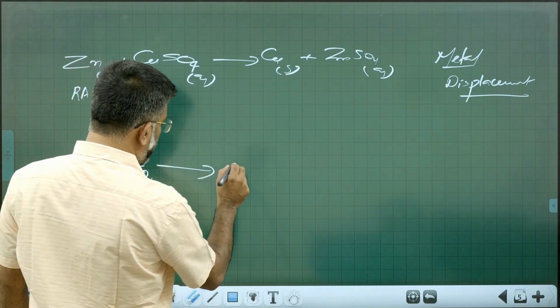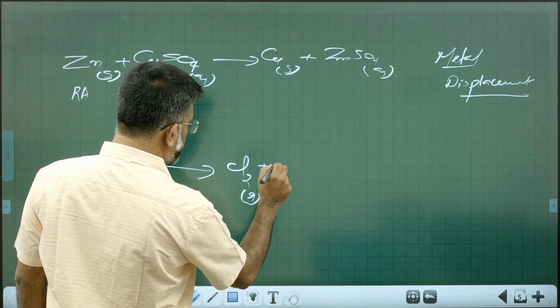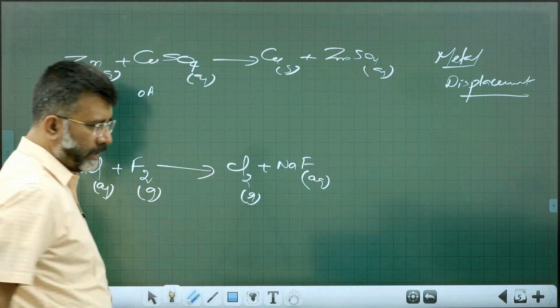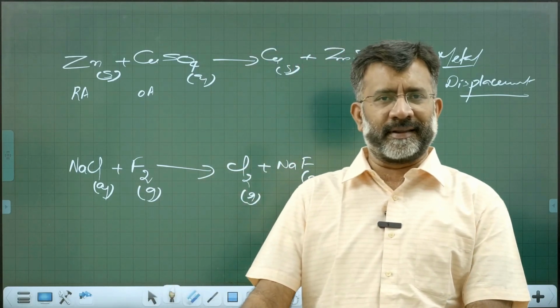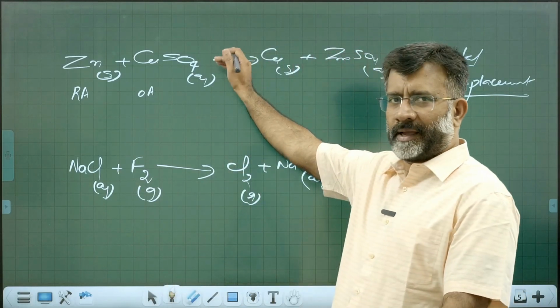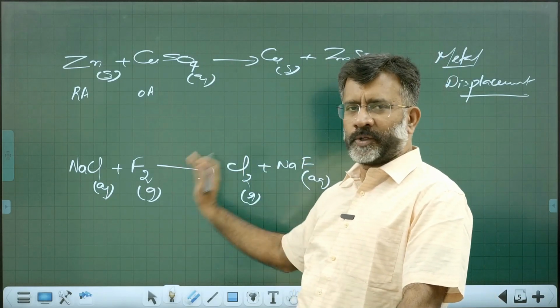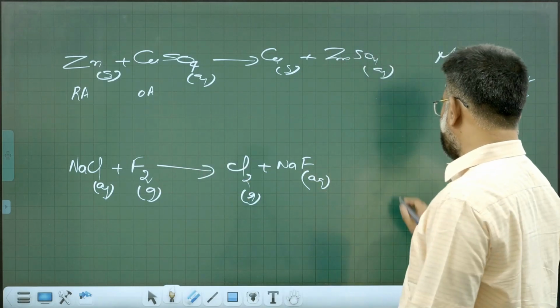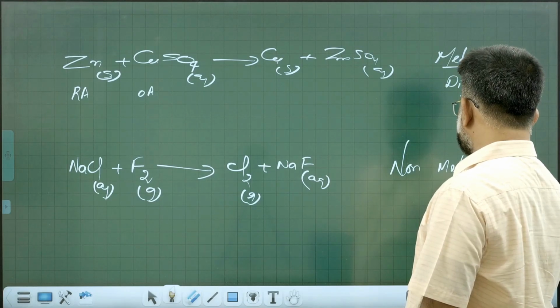You can see greenish yellow colored chlorine gas evolving from the solution, and the solution turns into NaF aqueous. This is a redox reaction, a displacement reaction, called a non-metal displacement reaction.